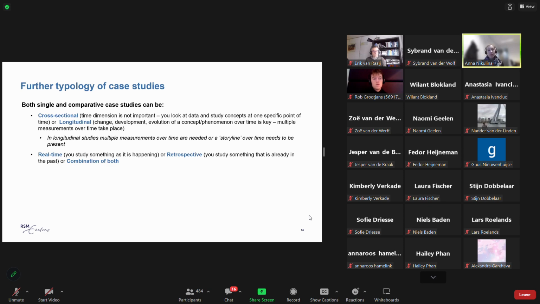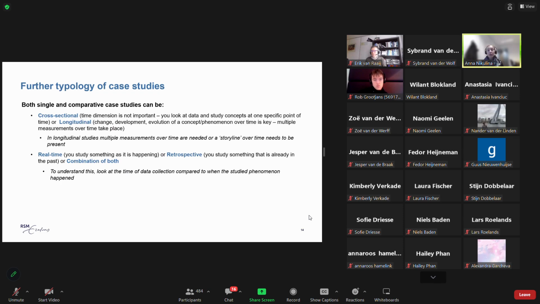Second aspect of the typology is real-time, retrospective, or a combination of both. Here you don't necessarily have to select whether you're doing the case study in real time or looking at something in the past. You can combine elements of the study in single or multiple case studies. I will explain a bit more what it means.